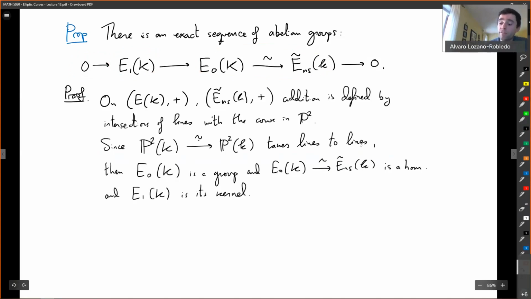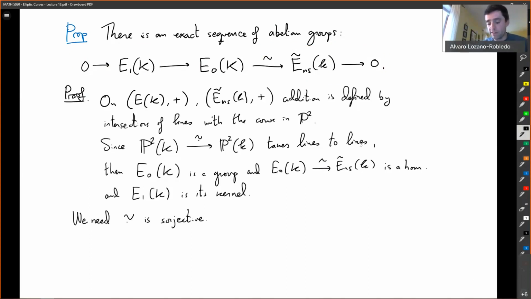And the other part of the exactness that we need is that that map is surjective. So what we need now is to show that the reduction map is surjective. How are we going to do that?